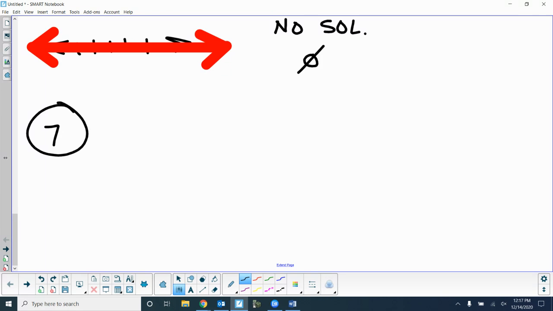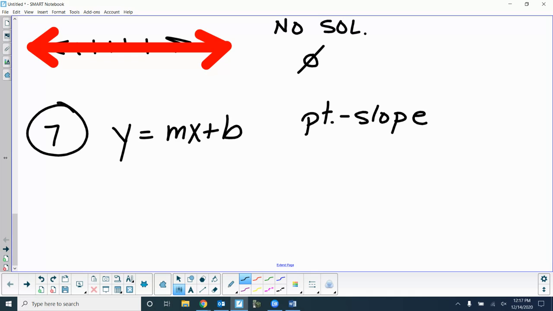Okay, slope intercept form. You might want to write this on your little card, but I think all of you know that one anyway. Another thing we did was point slope. If you want to use it, you can for this. I'll write that out for you. Some of you like doing it this way. Okay.